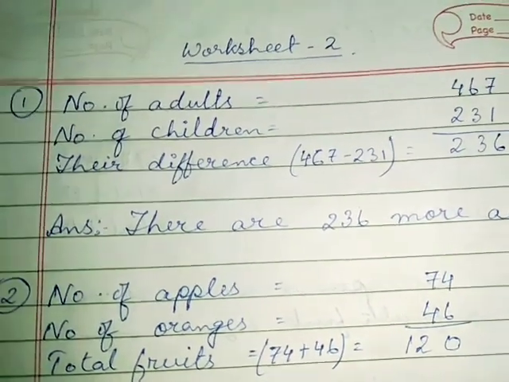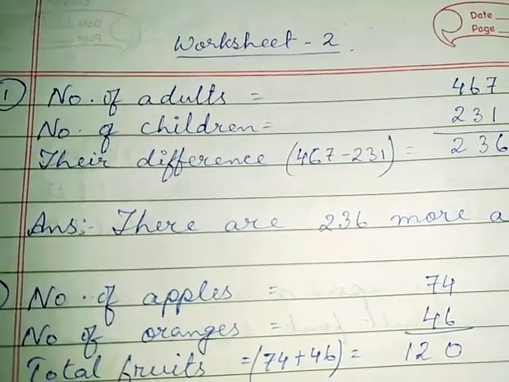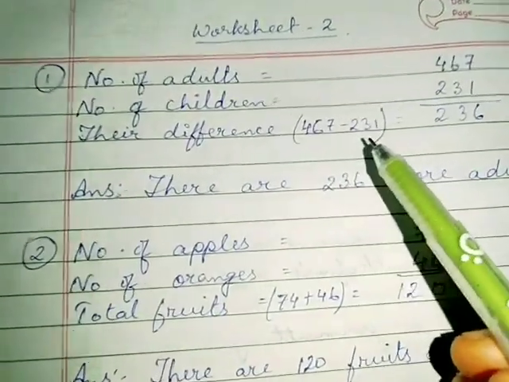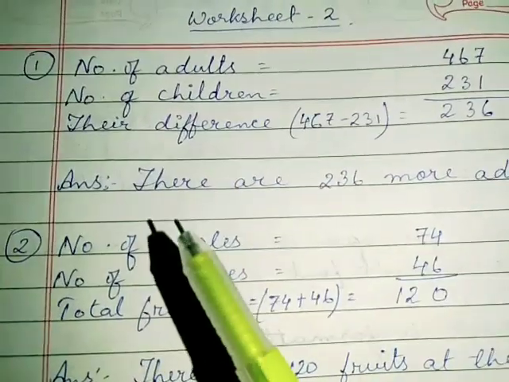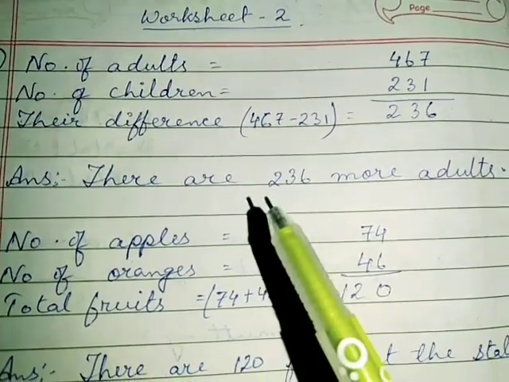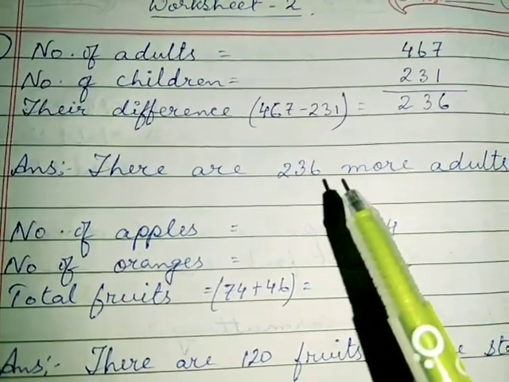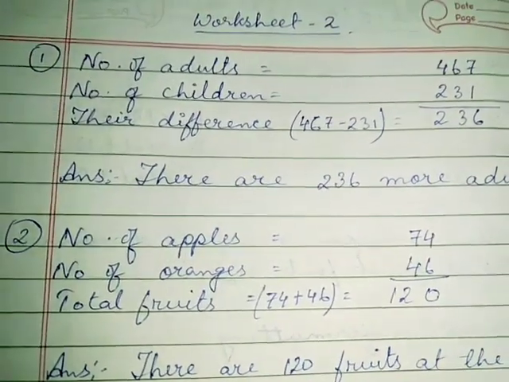Their difference, 467 minus 231, and then I have done the subtraction, and the final answer is written: there are 236 more adults. By subtracting the two numbers, we got the answer.